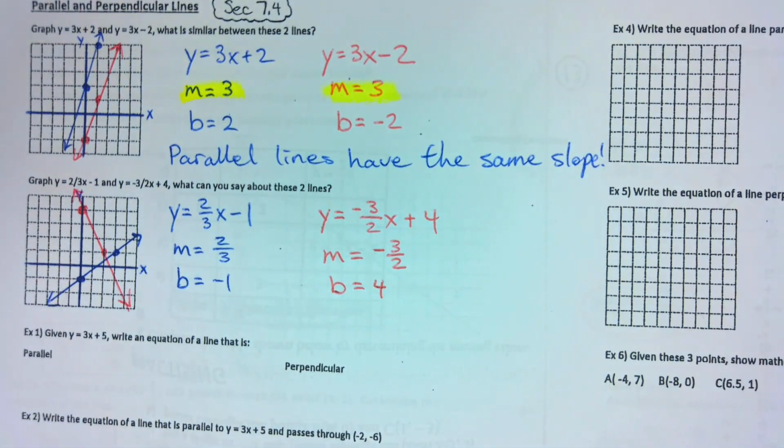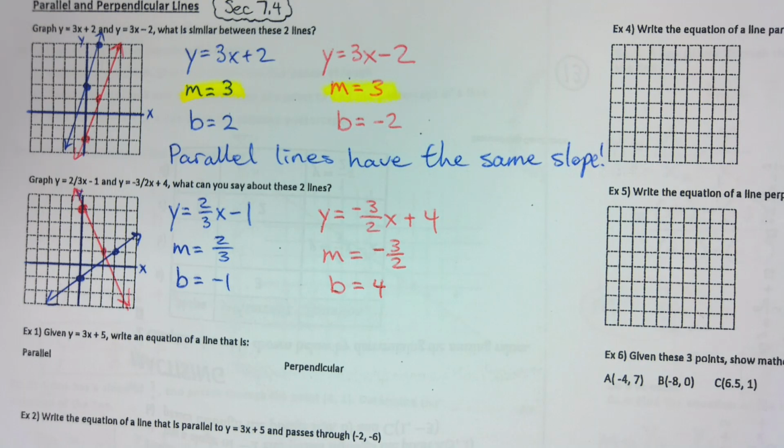What do you notice about those two lines? They cross, but on the test, if you just say they cross, it's not going to give you the full mark. How are they crossing?